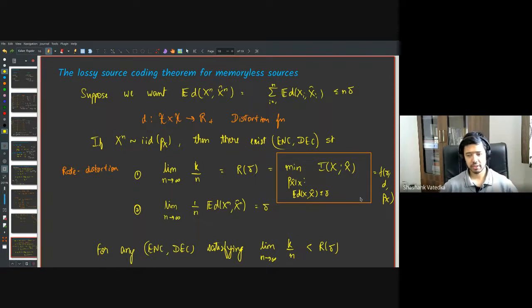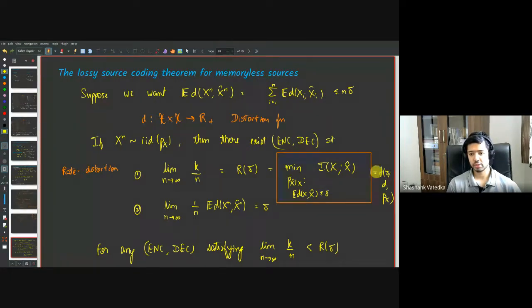This is just a statement that I'm making at this point, just to give a high-level overview of what kind of results are known in the literature and what is the best that you can do. But here the specific assumption is that we are modeling our fidelity criteria using this particular quantity. The expected distortion should be less than or equal to n times delta. Under this criteria, the minimum rate of compression is given by this quantity.